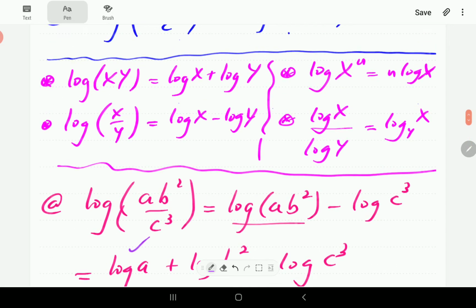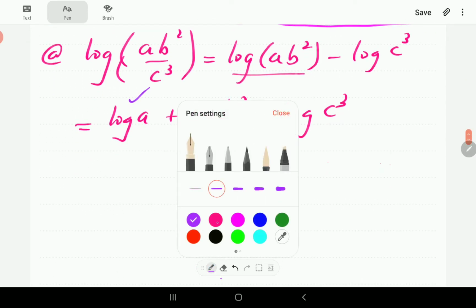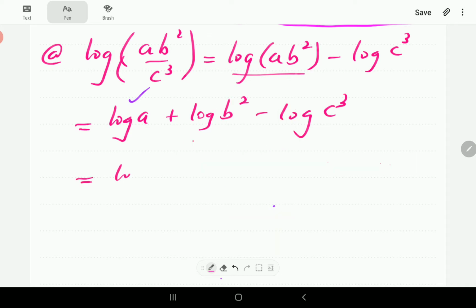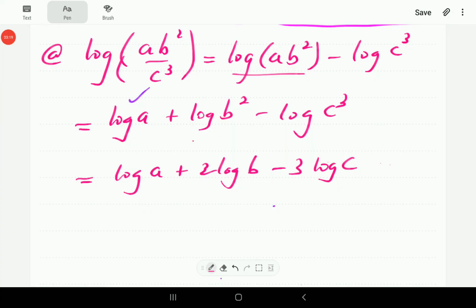We're going to use property number 3 here, which says when you've got log of x to the power n, you can always bring this n down, so it becomes n times log x. So the second term is going to be 2 times log b, and the third term is going to be 3 times log c. Okay, it is now in the form that the question is asking for.